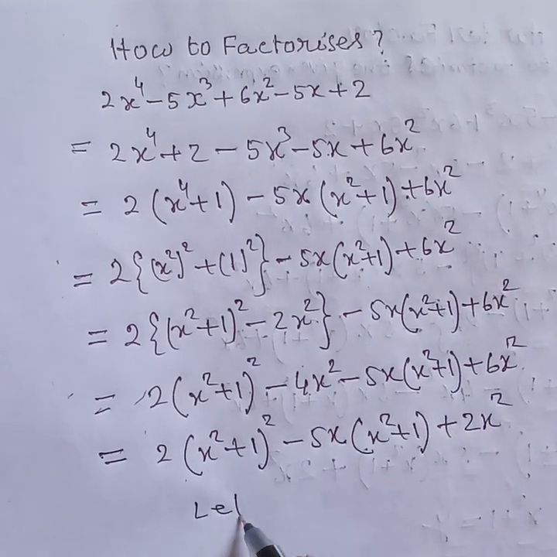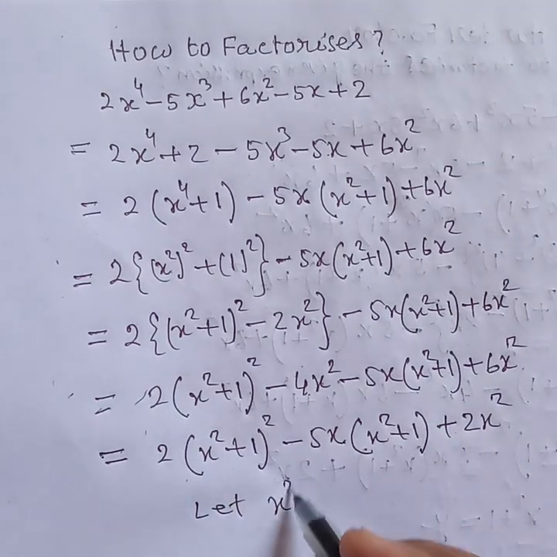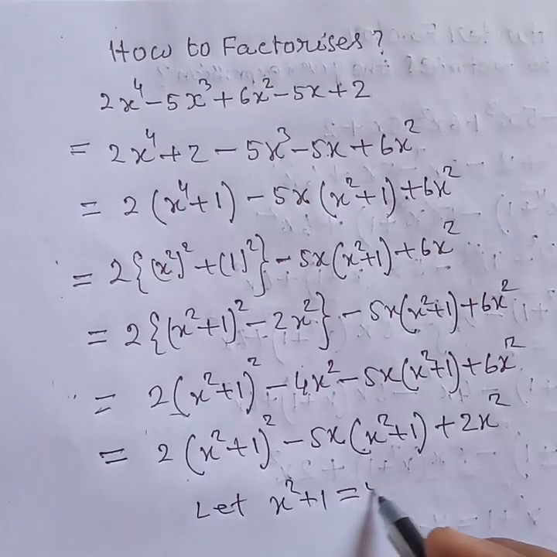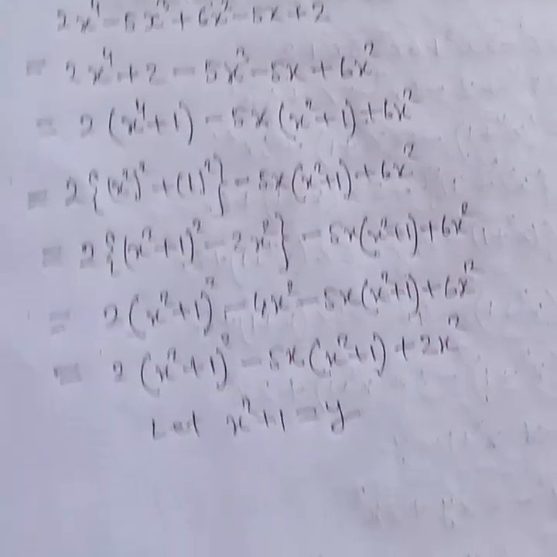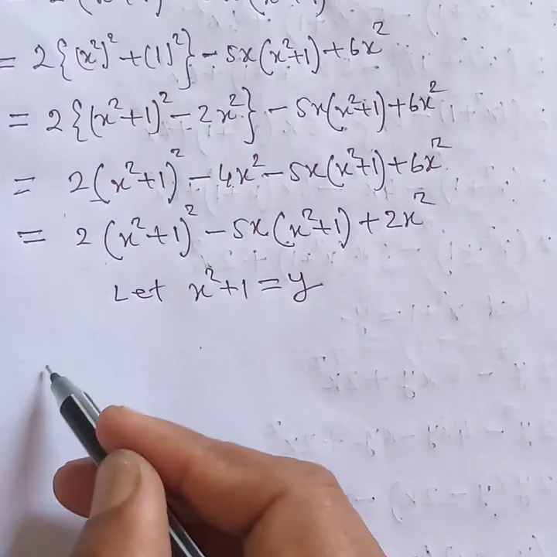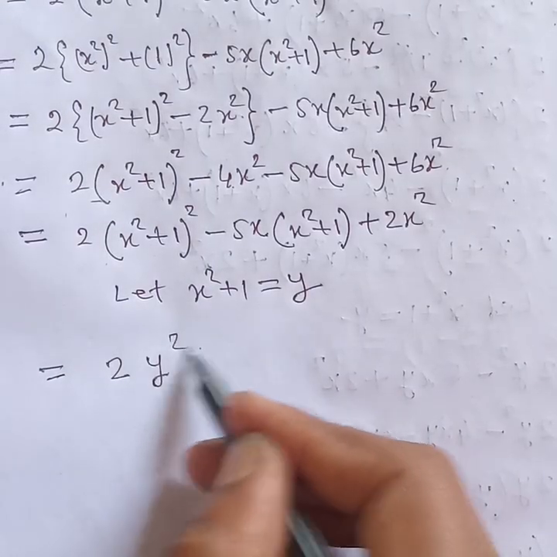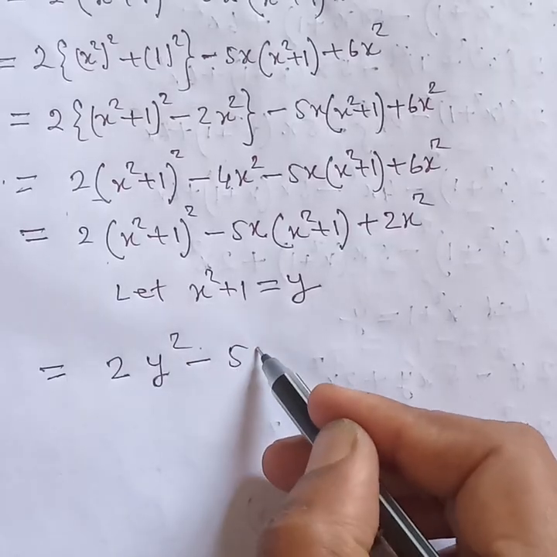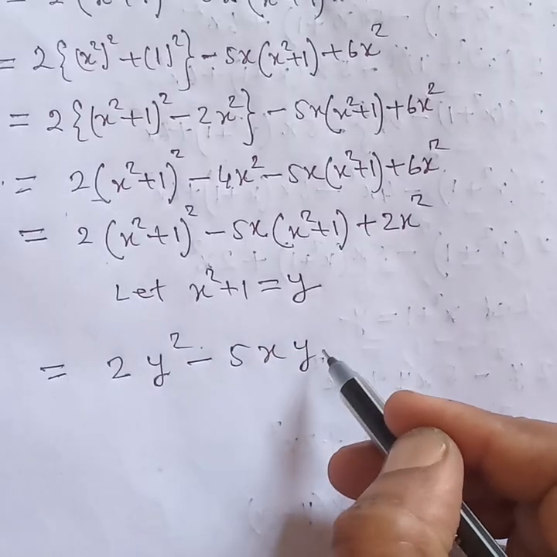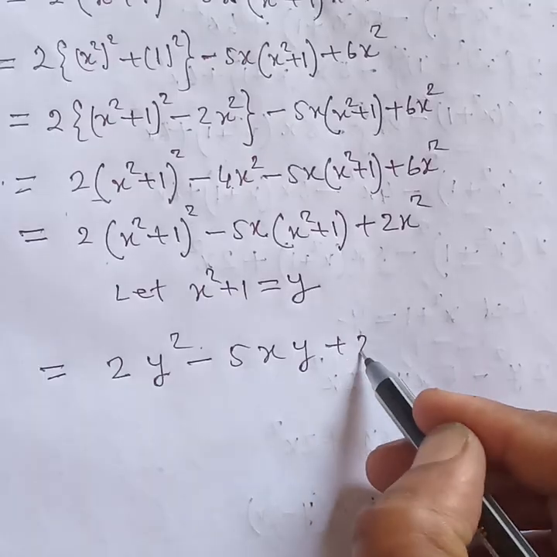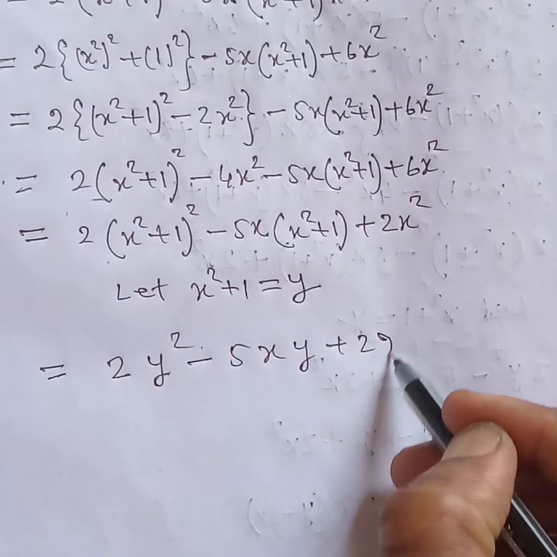Let x square plus 1 is equal to y. Then it will be 2 into y square minus 5 into xy plus 2x square.